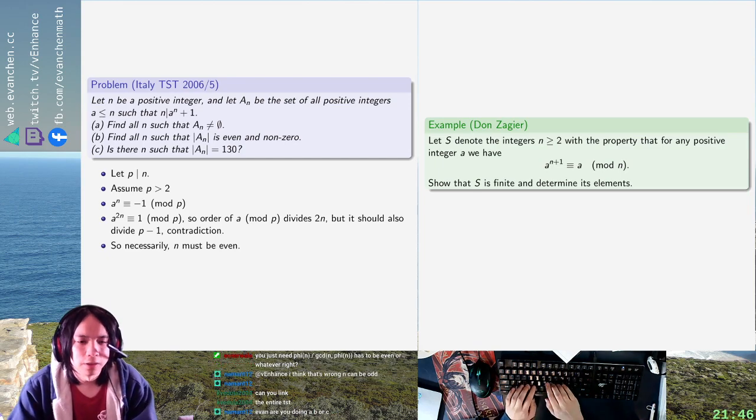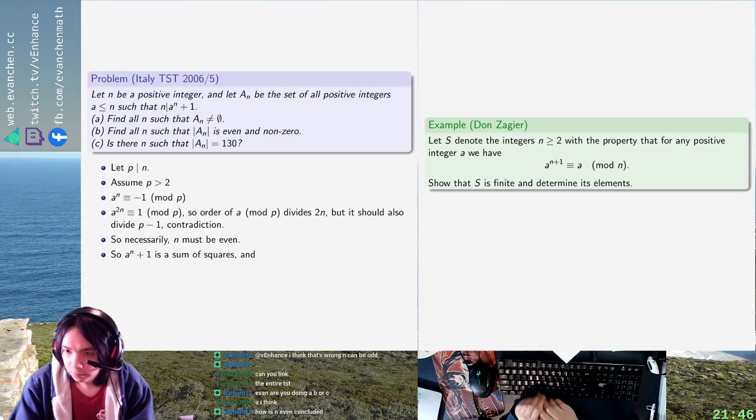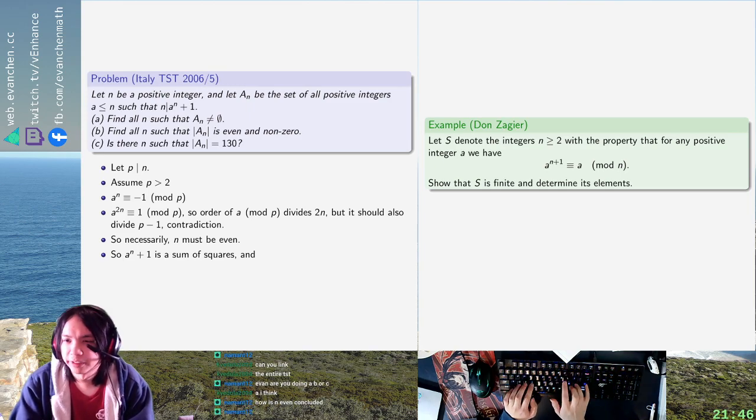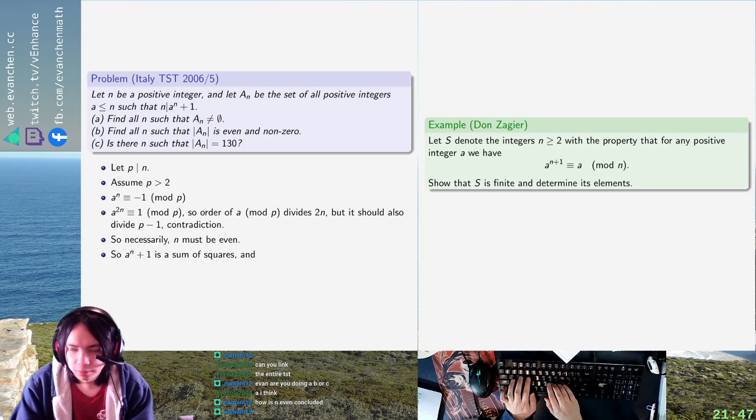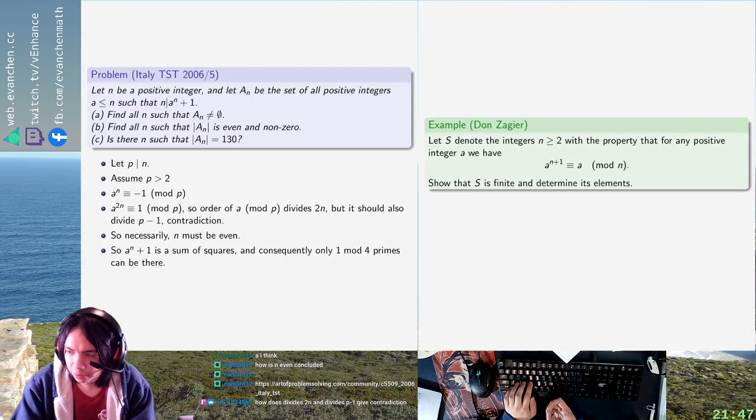Okay, n is even, so in particular it's a sum of squares, and consequently only 1 mod 4 primes can be in there. Only 1 mod 4 primes can be in there.